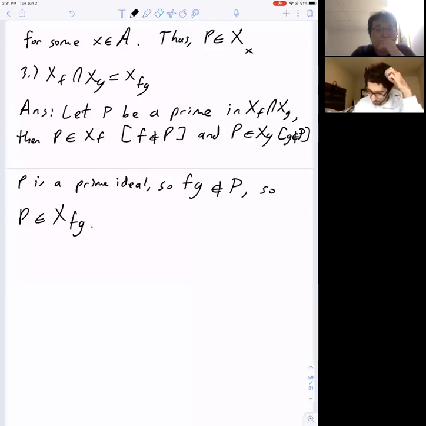So that's the one direction of set containment. Now let P be a prime that is not in X sub f intersect X sub g.